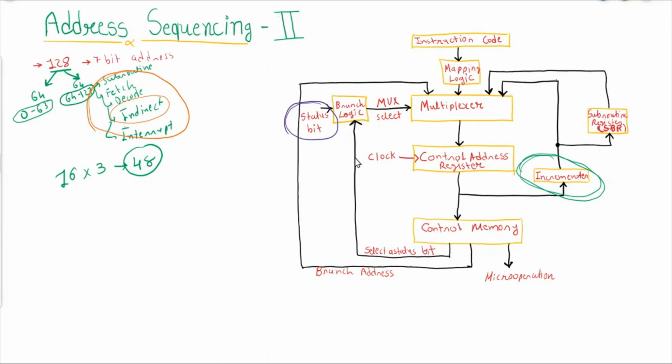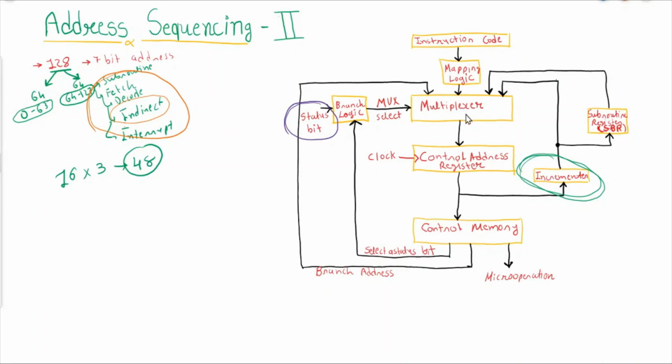If those condition bits are given as input to the branch logic, then those conditions will make the multiplexer select the return address from the subroutine register. So this is how the subroutine portion will work. Clear? So there are the various portions. We will combine all these conditions and then we can implement the sequencer.